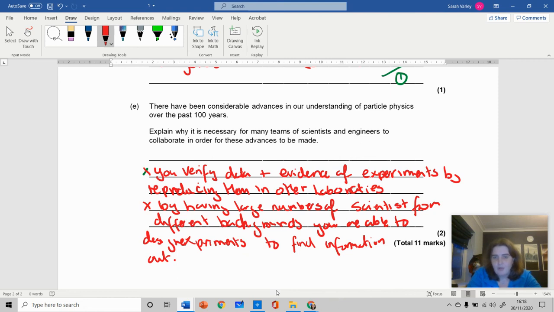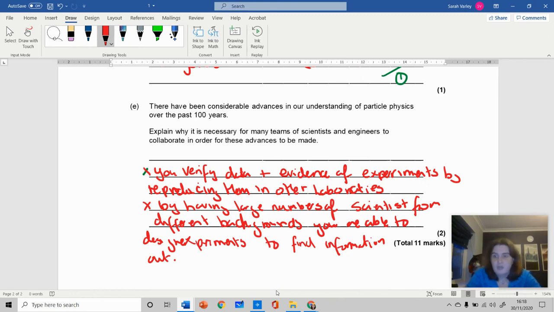The whole idea is that this kind of question is a little bit flim-flammy, and it's just basically getting you to understand that for this kind of information, you need to validate your results and that people need to work together. It's the whole point of CERN and any Large Hadron Collider or particle physics project, that different backgrounds, engineers, physicists, chemists have all come together to actually make and design an experiment.